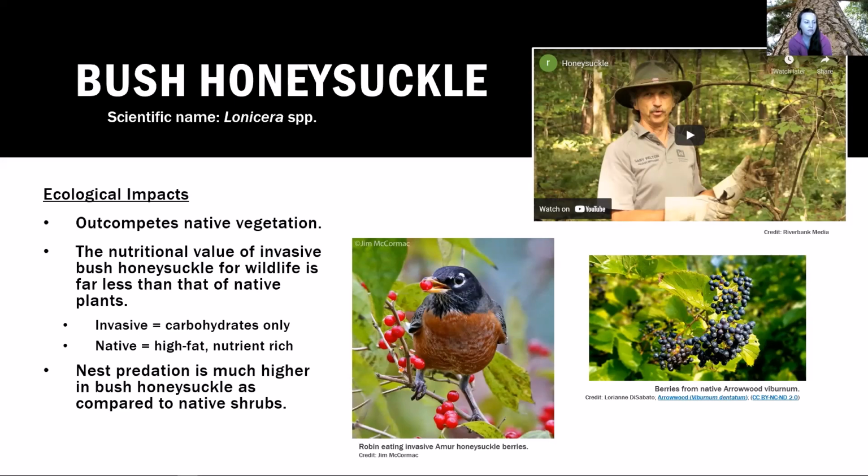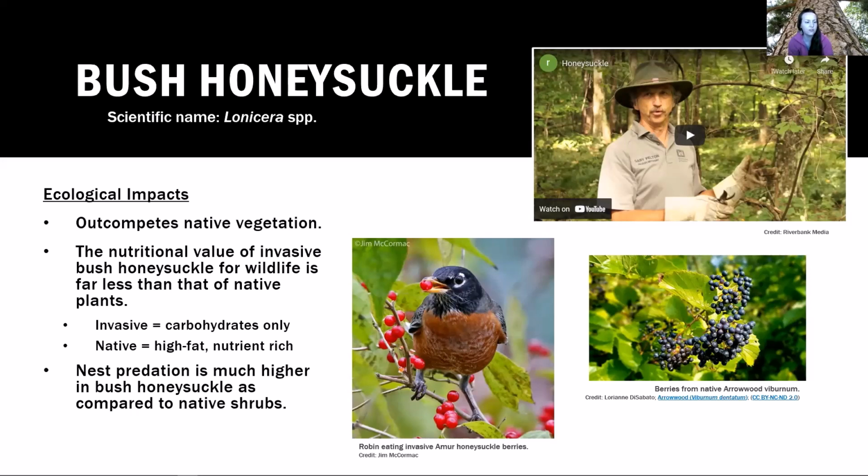Whereas our native species produce fruit and berries that are high in fat and have a lot of really good nutrients that, especially when birds are ready to migrate, they need that diet to migrate the distances that they do. So whenever we have an area that is just a monoculture of invasive species like bush honeysuckle, that is essentially not providing the habitat and the food sources that our wildlife need.